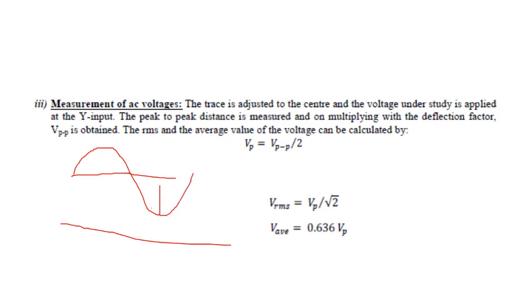Then the difference between this peak and this peak, this is called VPP.